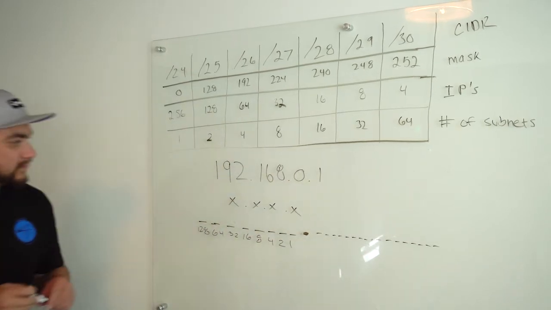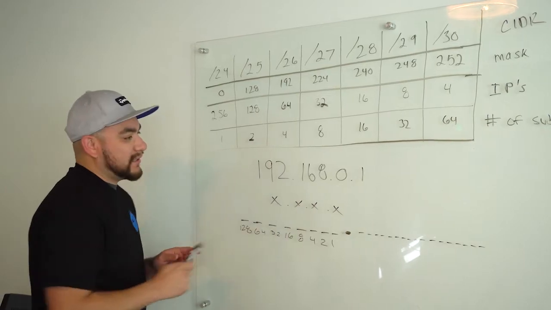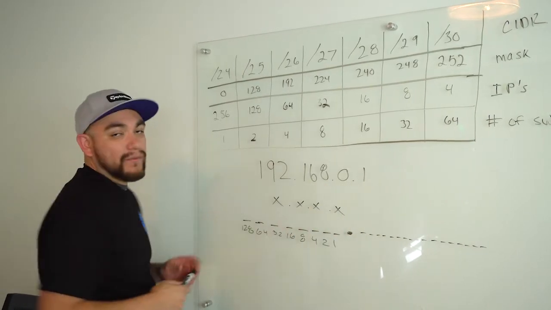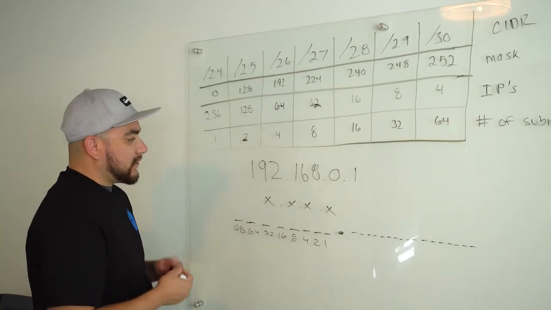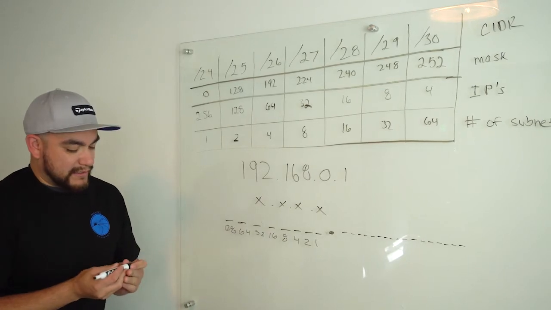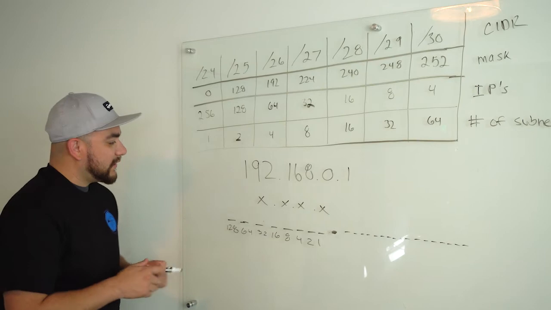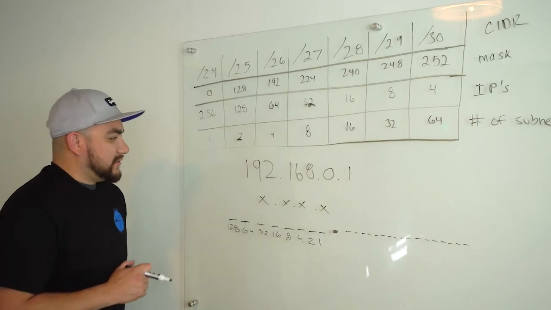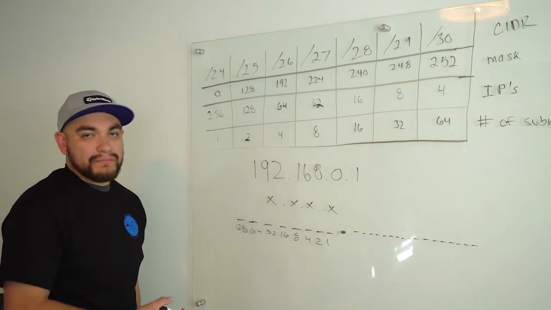Now, the 192 and the 168 and the 0 and the 1 within this specific IP address all derive from these bits. As in computers, we work in bits, 1s and 0s. So in order to get 192, we need to turn on some bits and turn off some bits.